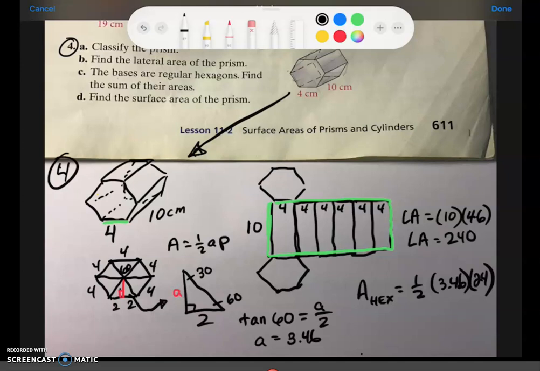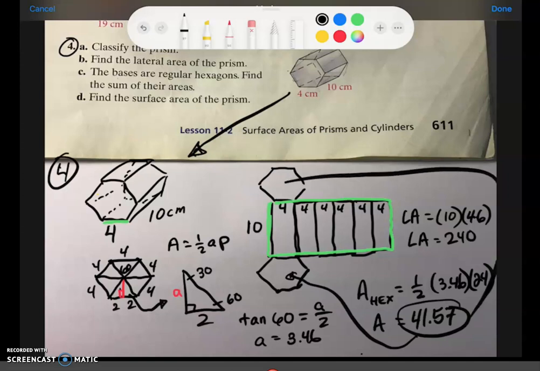Using a calculator here, the area of the hexagon is about 41.57. Okay, that's the area of one of these, of which there are 2. And then if you want the entire surface area, add it with the green lateral area, all those rectangles. Okay, and that is number 4.